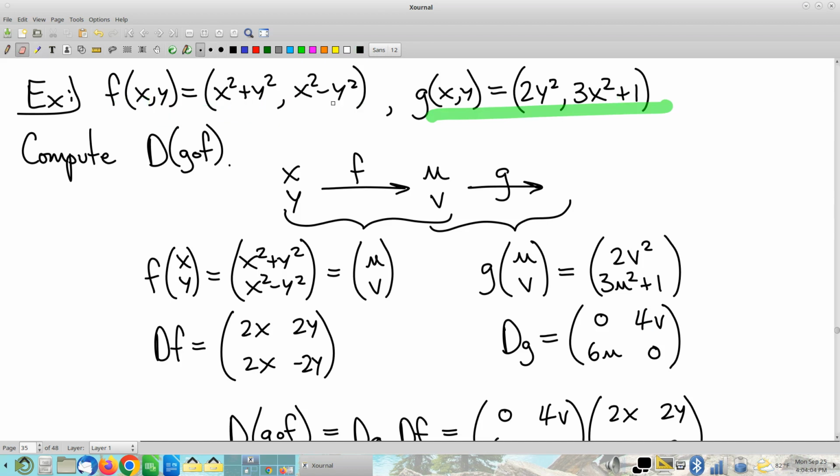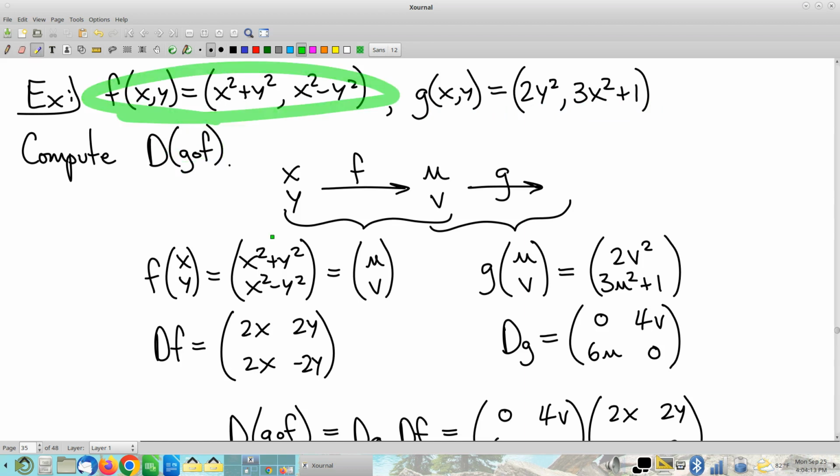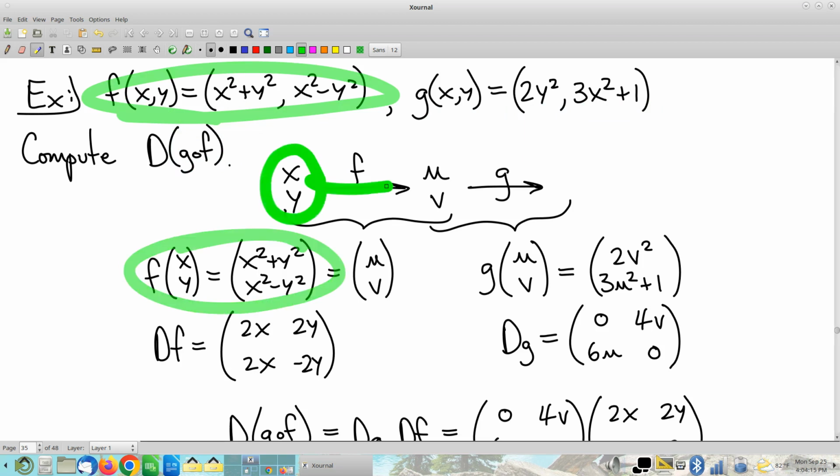until I decide to compose them. Now I've got a confusion of variables problem, and I have to fix it as follows. F is written as a function of x and y, which is fine, but the things that come out of f, I can't call them x and y, of course. I've got to call them something else.